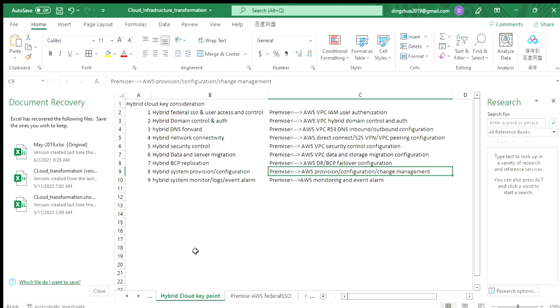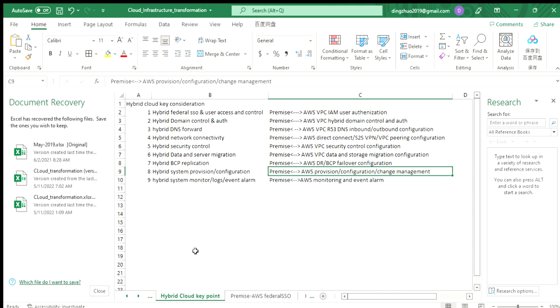So those two different components or service stacks need to be connected. That is the reason why federated single sign-on needs to cross over between the cloud and the customer's existing premises.